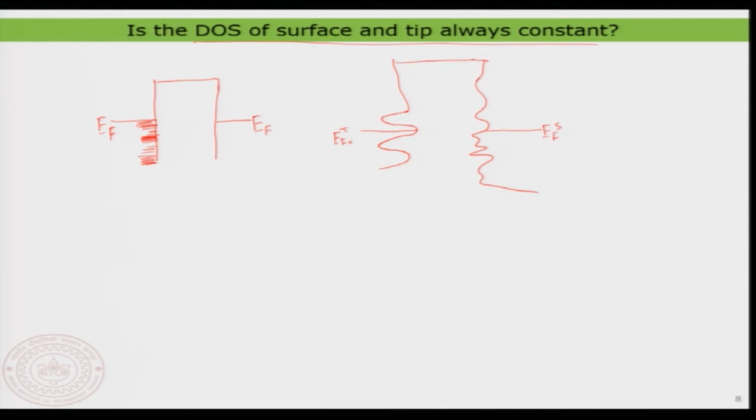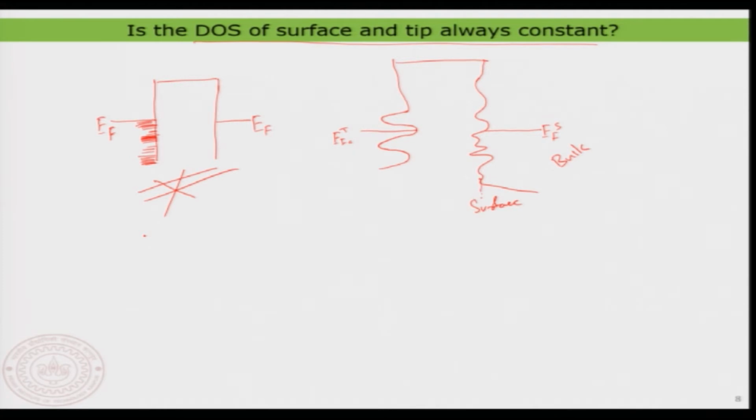Now you see the picture is not looking like what you saw in the previous case. Let us also mark that this is the bulk part of the material, and this indicates the surface. You already see that it does not look as nice as you would expect, or as you saw in the previous diagram. This is not very correct; it is an idealized picture.